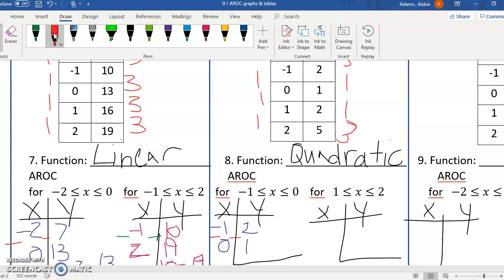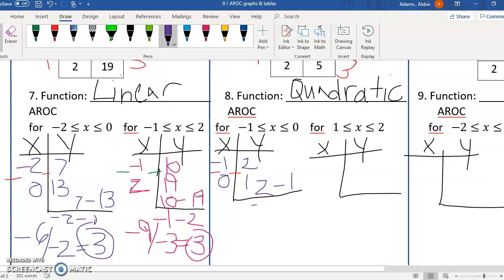The differences in y's is going to be 2 minus 1. And we're going to divide that by our differences in x's. So that's -1 minus 0. 2 minus 1 is 1. Negative 1 minus 0 is negative 1. So that gives us an average rate of change for this interval of negative 1.